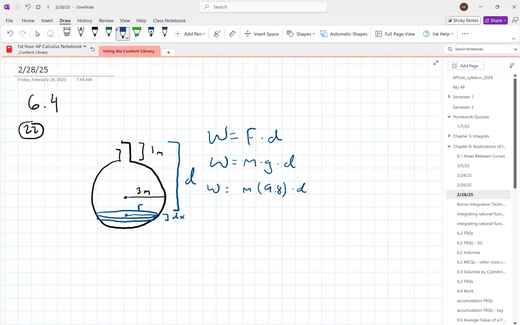Okay. So I'm going to start by trying to rewrite this volume function in terms of some x. Is that going to be the easiest x to use? Let's try it. So if I do that, my distance is going to be the whole height of the container, which is 6 meters, plus the 1 meter there.